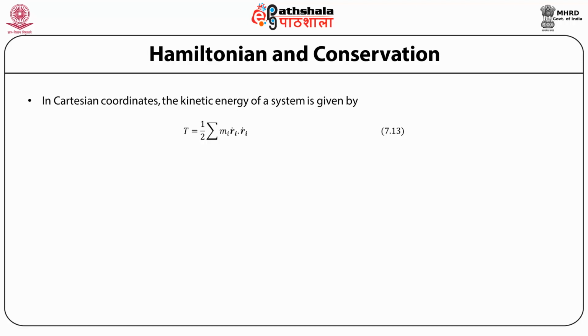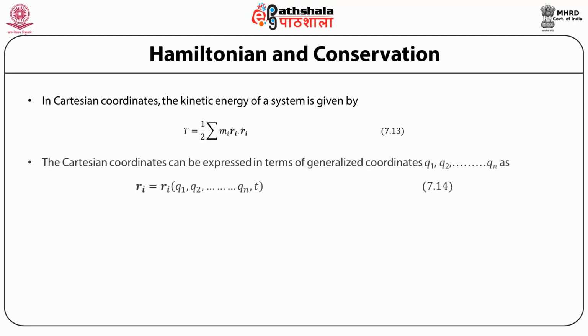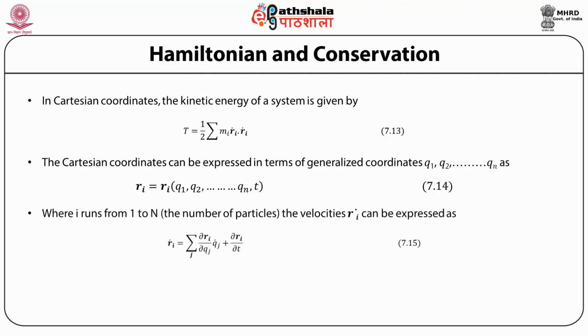One thing one must keep in mind here is that when we talk of the time derivative, the dot represents a time derivative and is not a partial derivative, it is a full derivative. The Cartesian coordinates can be expressed in terms of generalized coordinates q1, q2, ..., qn. That is, the Cartesian coordinates ri are functions of the generalized coordinates q's, where i runs from 1 to n, the number of particles.